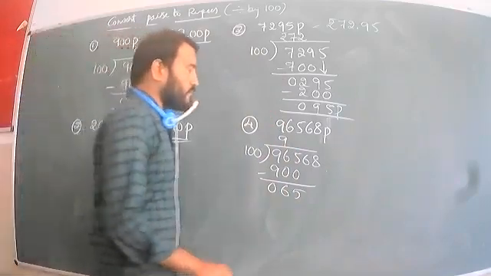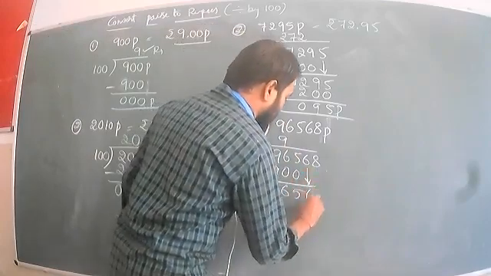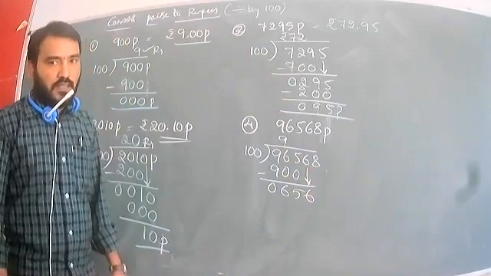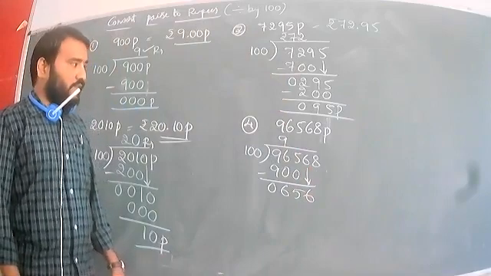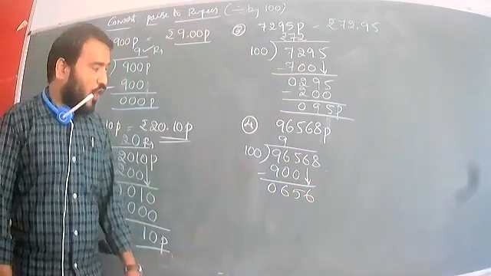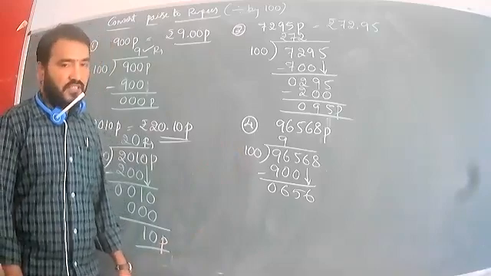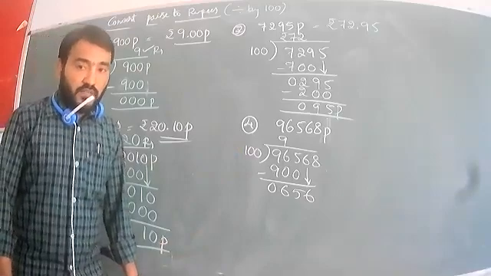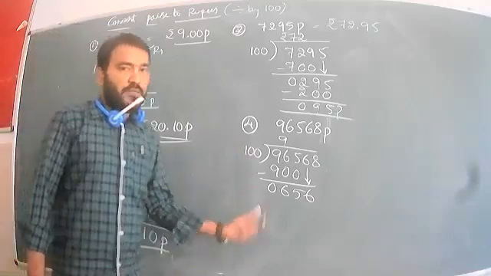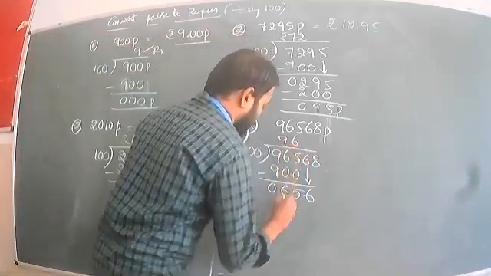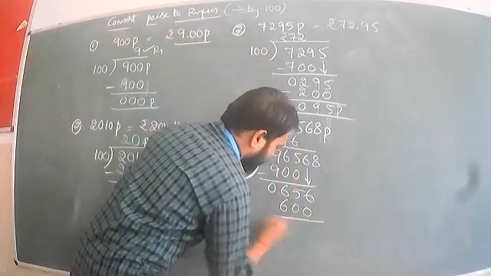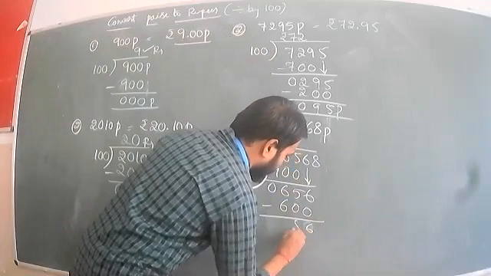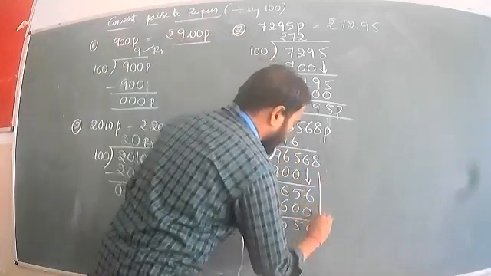Now take the 6 down to get 656. The nearest number is 100 times 6, 600, as 700 is bigger. Now subtract. Then take down the 8.